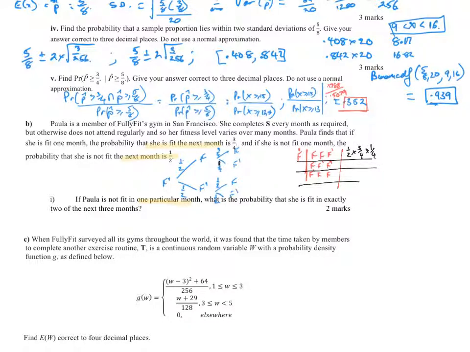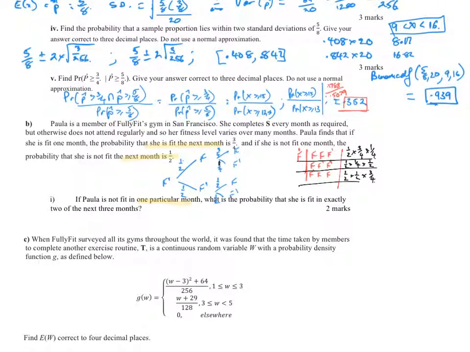So not fit into fit is 1/2. But then I'm going to go from fit to not fit, which is 1/4. And then from not fit to fit, which is 1/2 again. And for the final one, we start with not fit into fit, which is 1/2, and then fit into fit, which is 3/4.